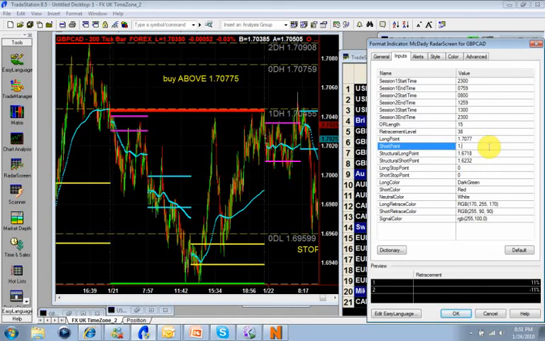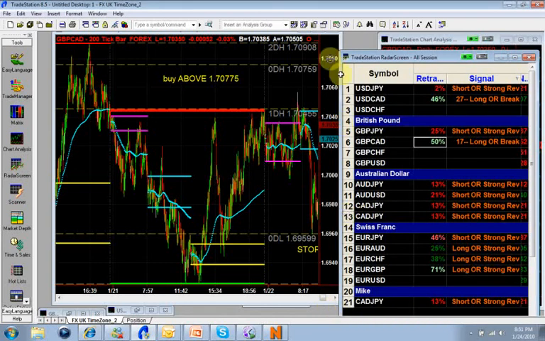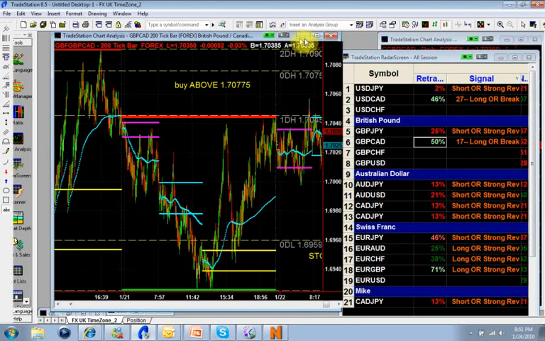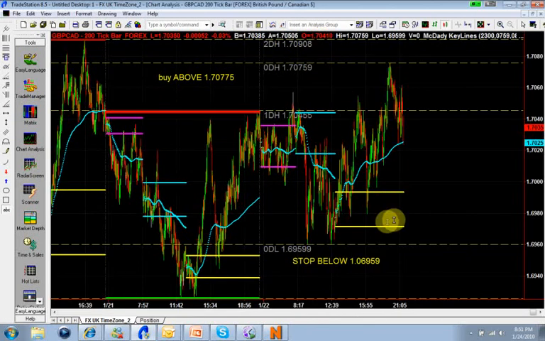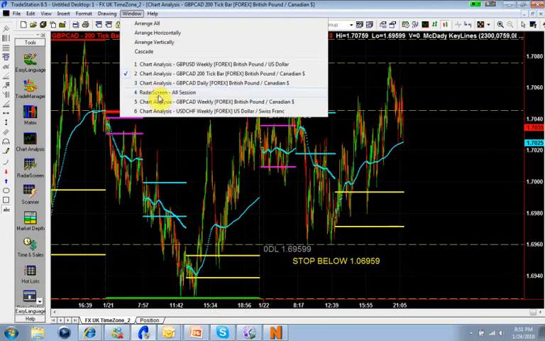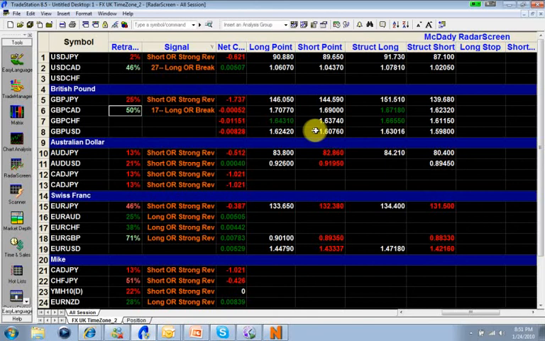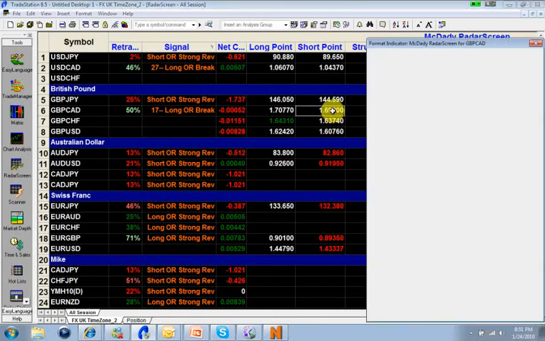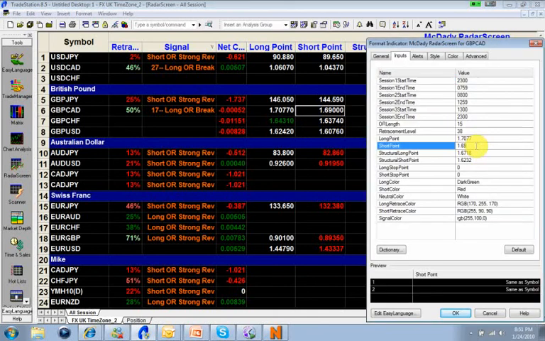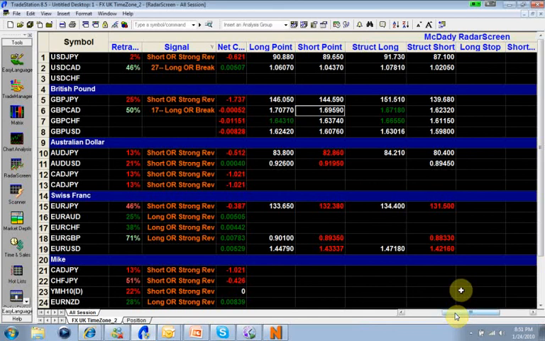And our short is 169.59. And the pound candle structure points are too far away, so I'm going to leave them as is right there. Okay?